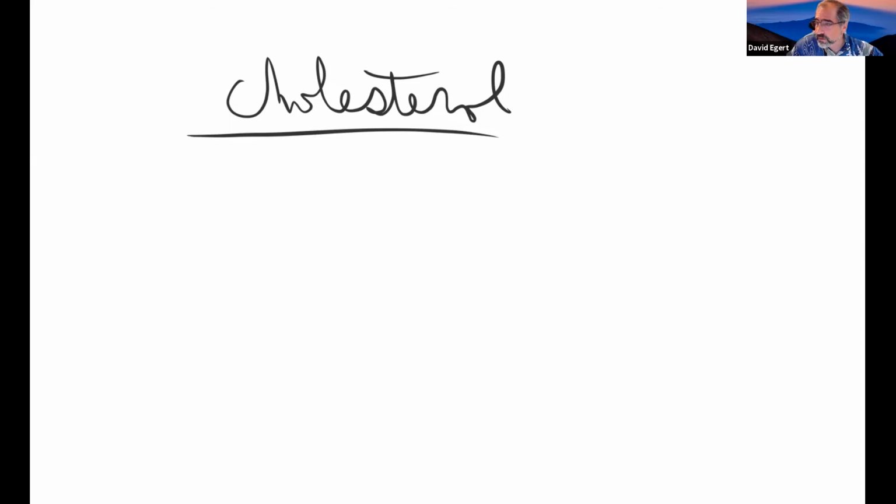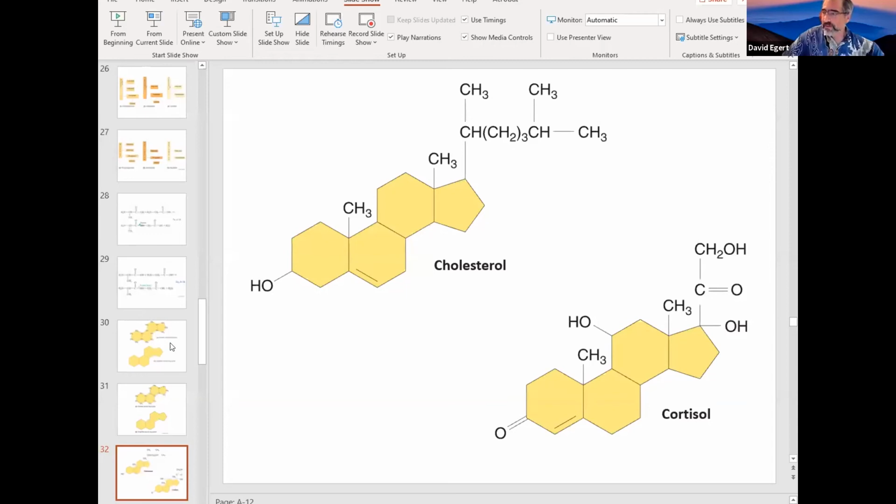Let me find a cholesterol. Okay, so I'm going to share. So this is cholesterol up here, which is a lipid.